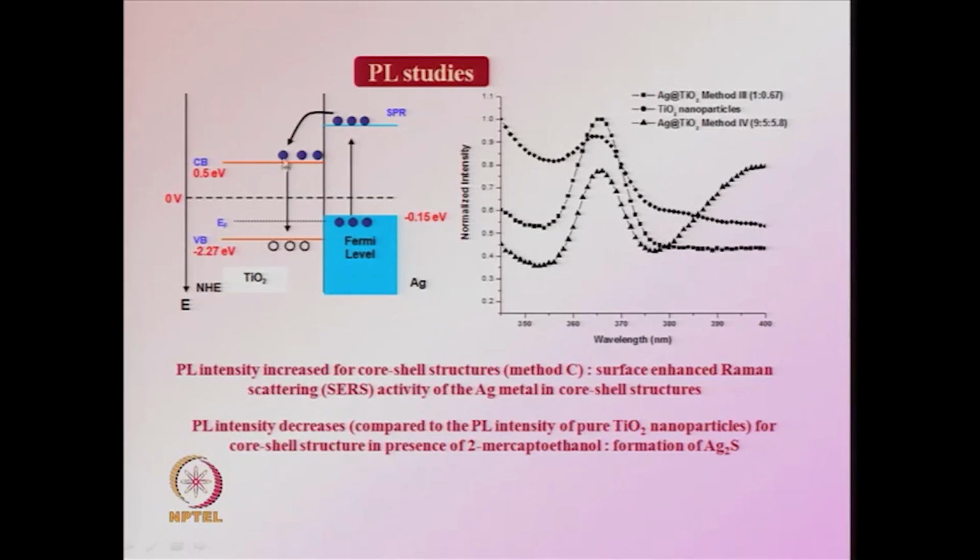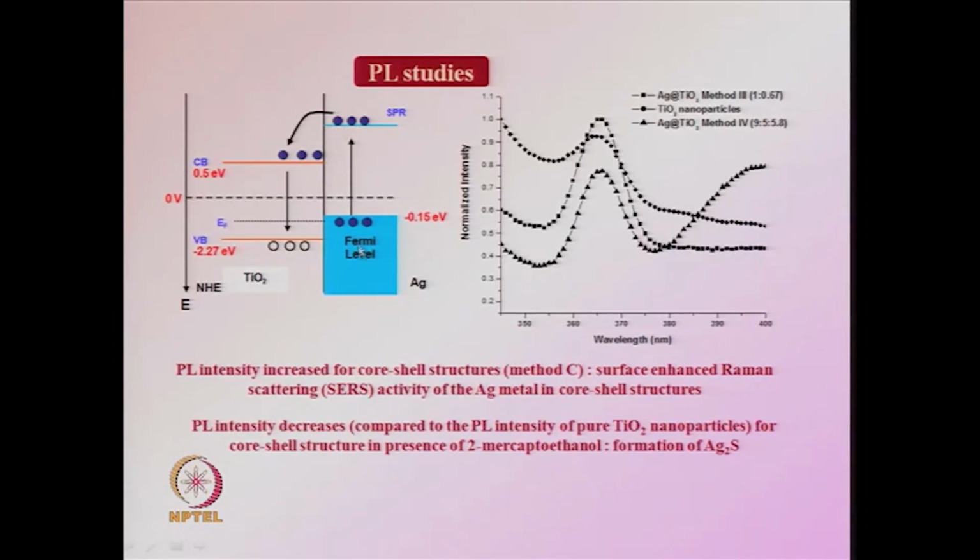It has the valence band and the conduction band, and for the silver, which is a metal particle, you have the Fermi level here, and the SPR band is due to this absorption from the Fermi level to this level, and when the electrons are excited in the silver particle, they can be transferred to the conduction band of TiO2, which is lower than the SPR energy level of silver nanoparticle.